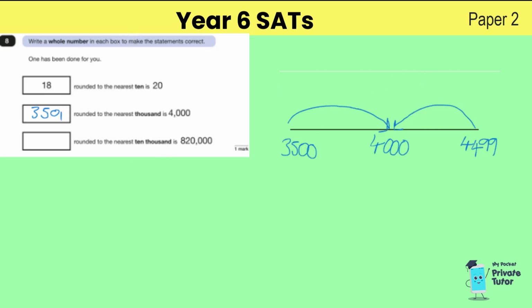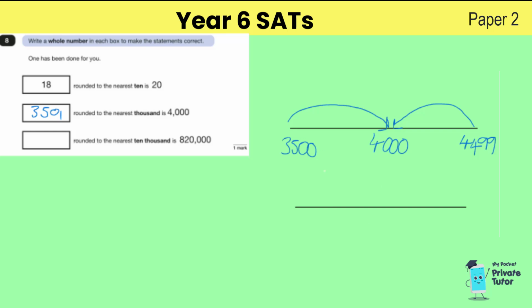We're going to do a number line. This time we're going to write 820,000 in the middle, and the number could have been rounded up from a smaller number, or could have been rounded down from a larger number. So the nearest 10,000, so we're looking at this 2, so that means it's the 1,000s that we're looking at.